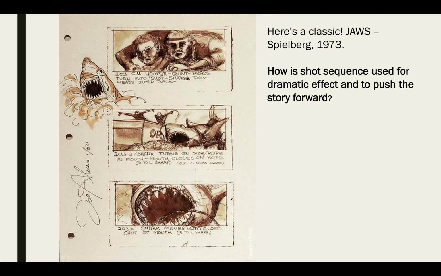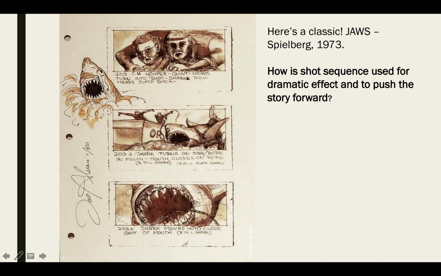I actually have never seen Jaws. But this is a two-shot. As you can see, it's a medium close-up, because we can see mostly their heads. And it's also a point of view shot, or POV. So we look at them, they look scared, and then we see what they see. They see this giant shark, which is in, guess what, a long shot.